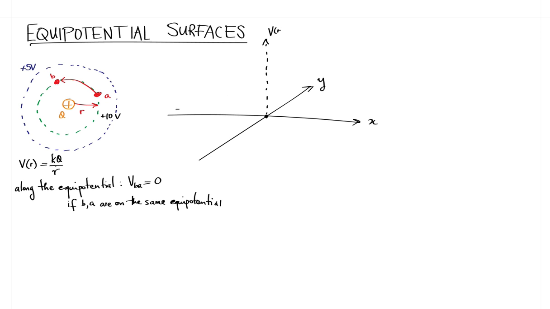Actually, I'll use a different color for this. But you can see that our potential is going to go as 1 over R. Oh, that was pretty bad. Boy.